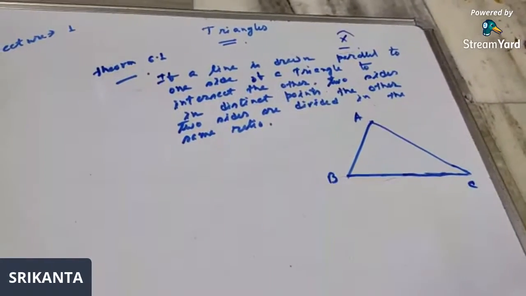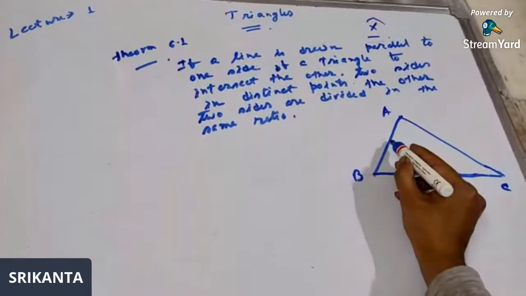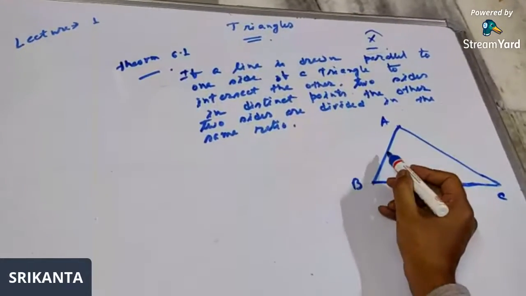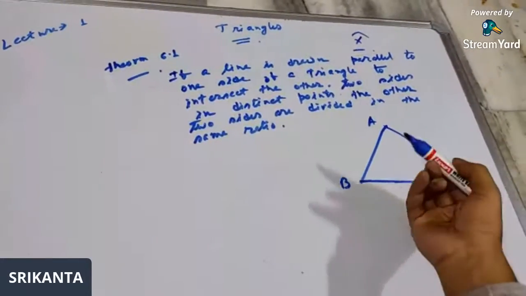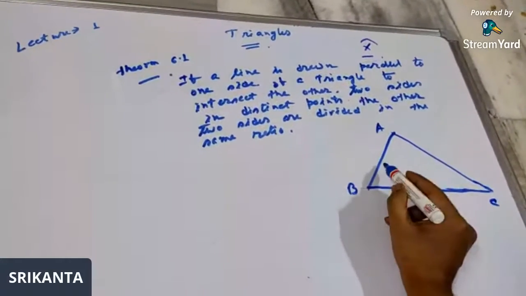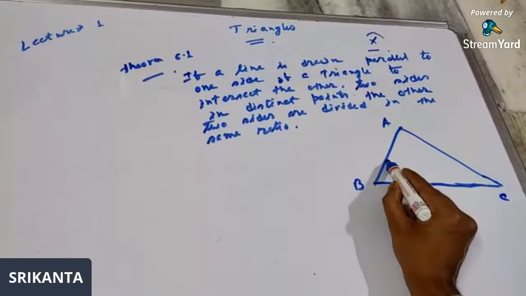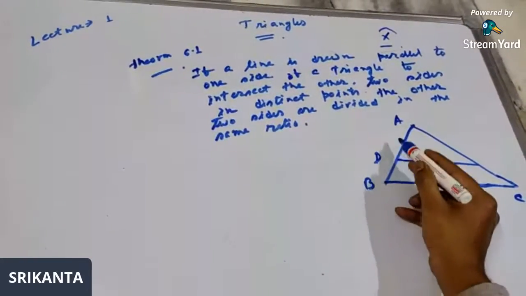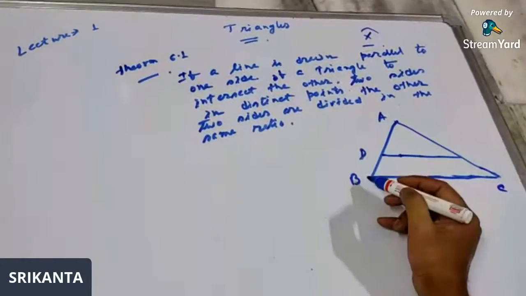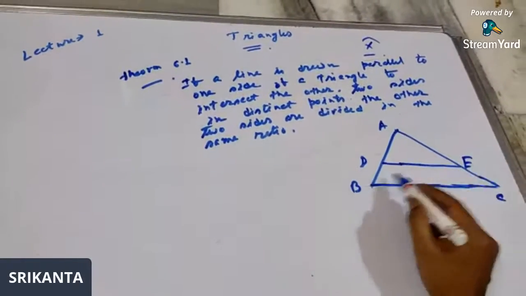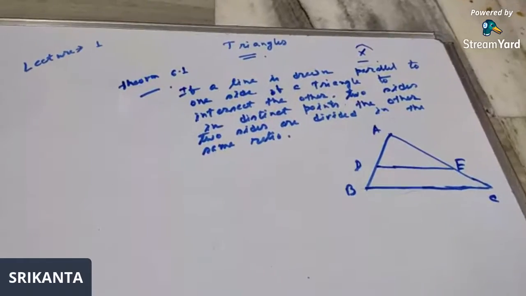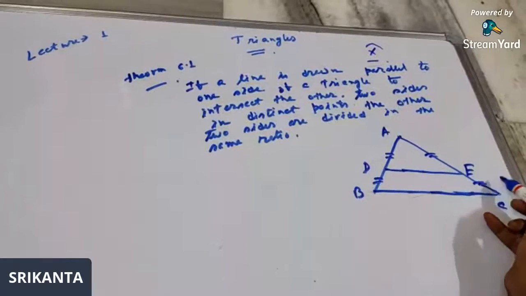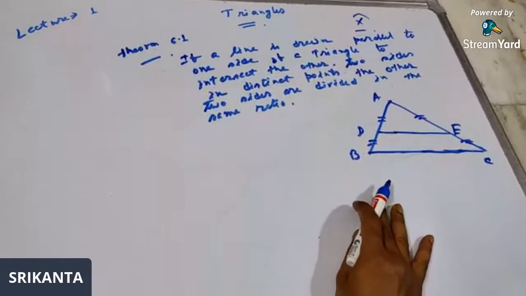Now this is where it differs from the midpoint theorem. In the midpoint theorem the line is drawn through the midpoint. Here D is not necessarily the midpoint, it can be any point. We draw DE parallel to BC, and this should divide the sides in equal ratio.